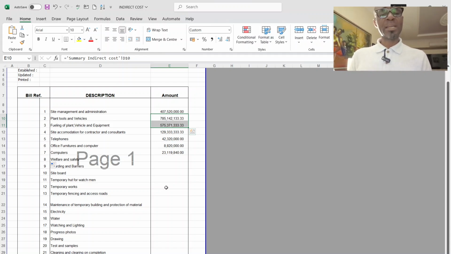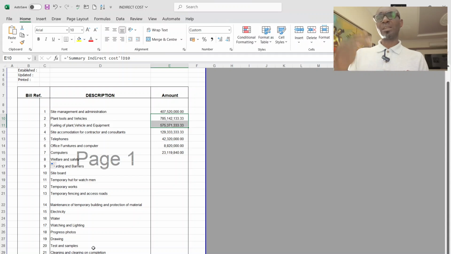After the preliminary items, I'll further continue to expose us on how to price. We are just doing the preliminary items. We'll go to the direct cost. I'll take a typical bill, even though I'm not going to price the whole item.